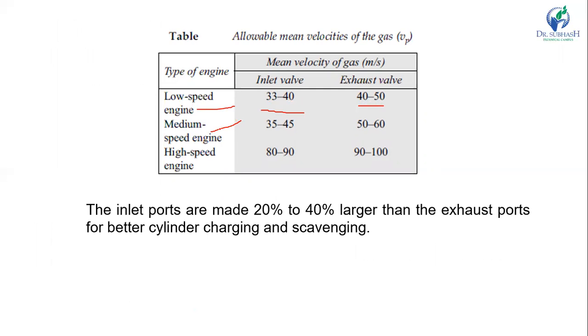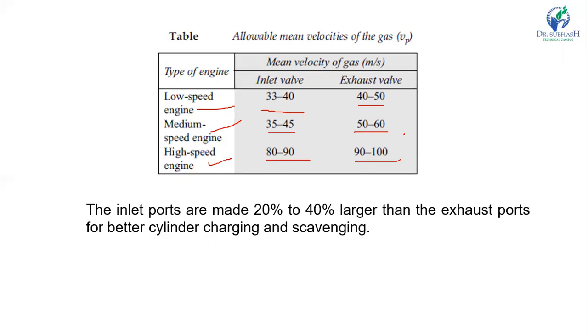For a medium speed engine, it is 35 to 45, and for the exhaust valve it is 50 to 60 meter per second. And for a high speed engine, for the inlet valve the mean velocity of gas is 80 to 90 meter per second, and for the exhaust valve it is 90 to 100 meter per second.